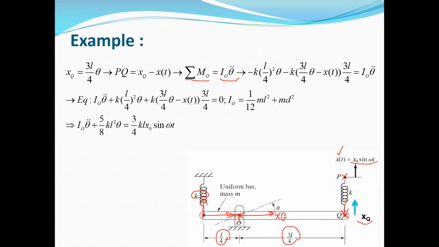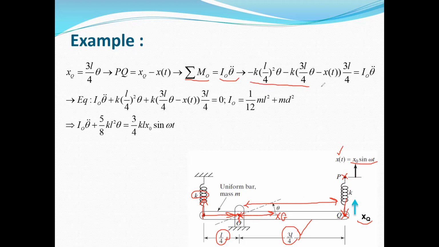The force in this spring, as I told you, is K times xq minus xt, and xq is 3L over 4 times theta, multiplied by its arm, which is again 3L over 4.